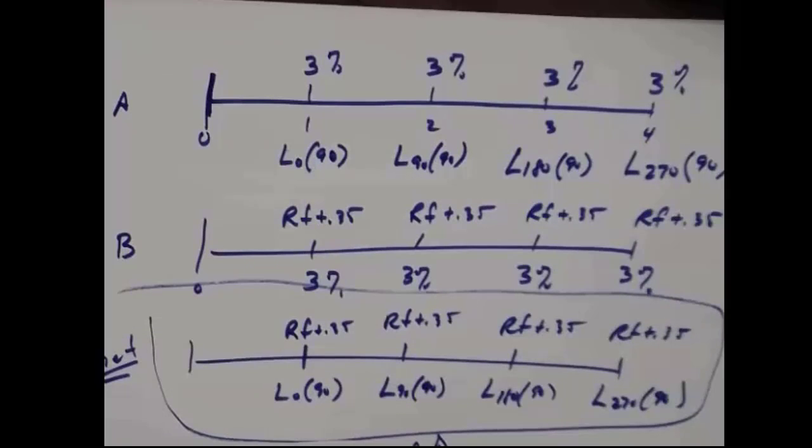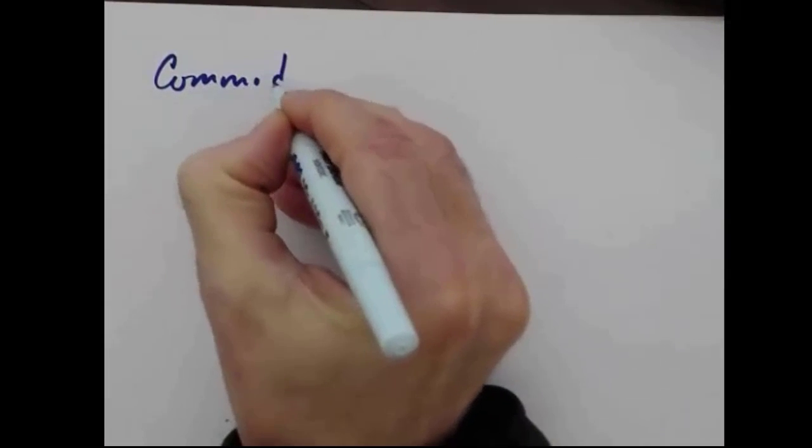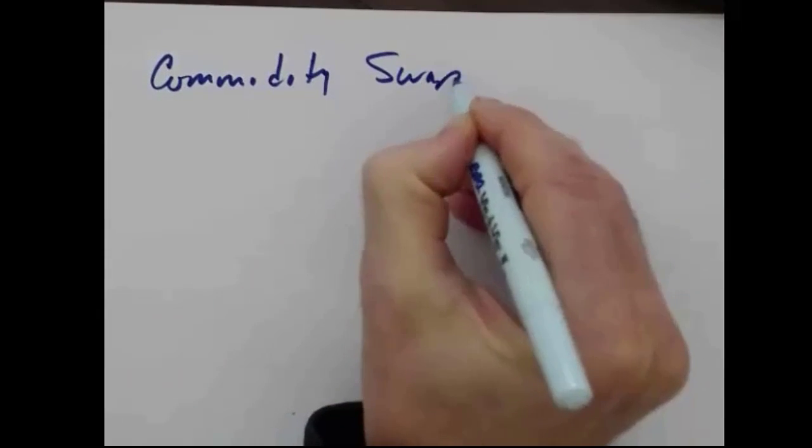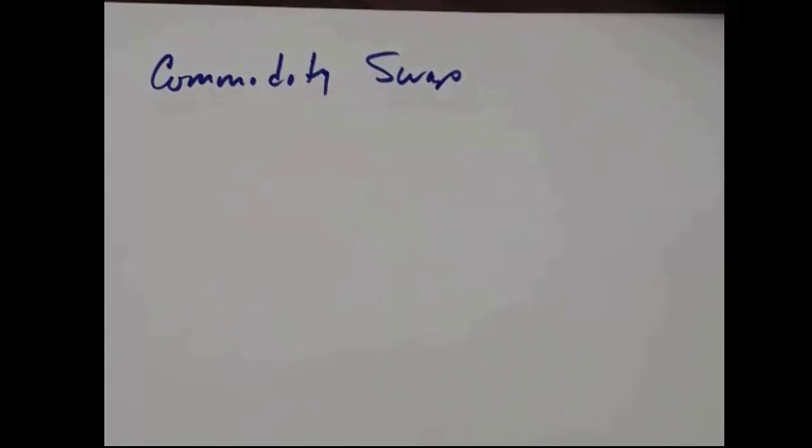Okay, now let's cover a commodity swap. Instead of swapping payments based on interest rates such as LIBOR, a commodity swap is based on the price of an underlying commodity. When I say price of an underlying commodity, it's the price of wheat, the price of rice. It could be oil, it could be gas, and so the prices are often a function of the units.